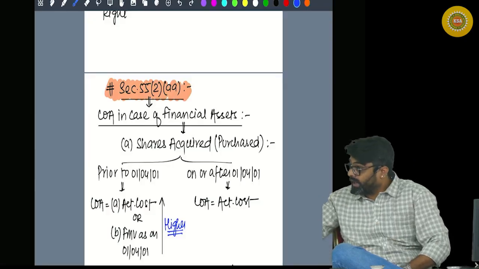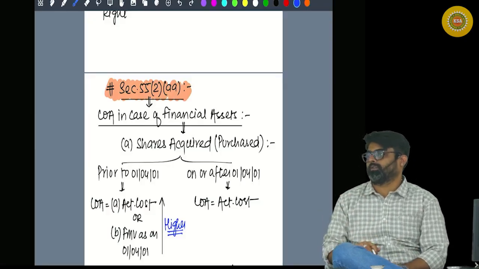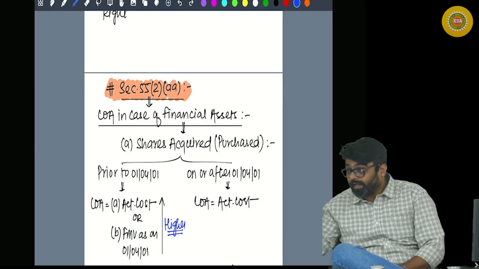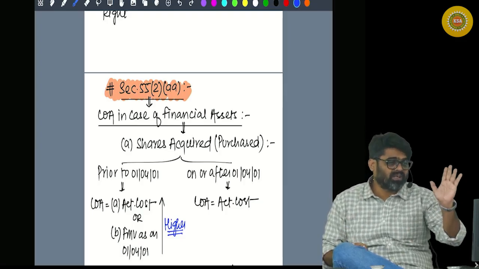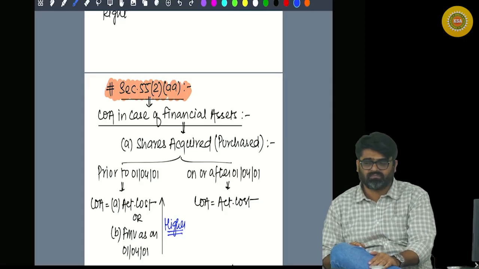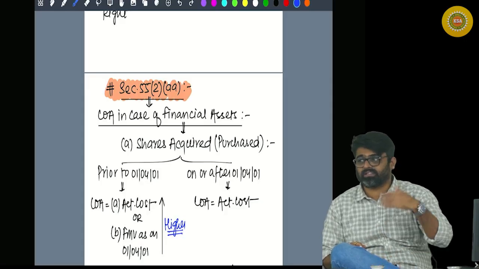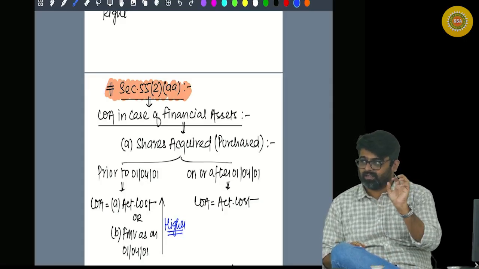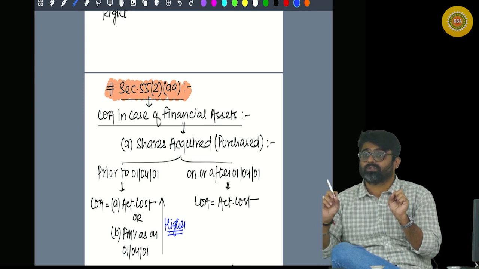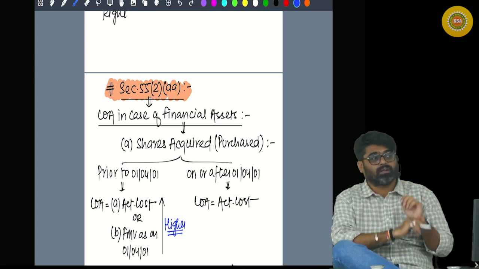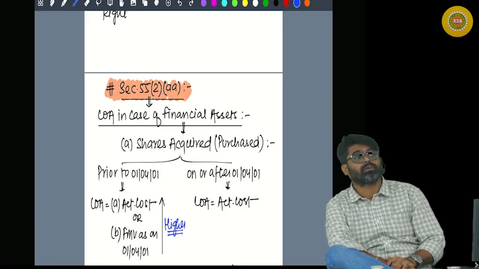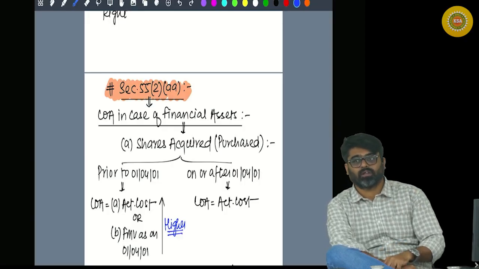Now, whether to index this cost or not depends on the period of holding. For listed shares, from the date of purchase to the date of sale, if it is 12 months or less, the asset will be short term.